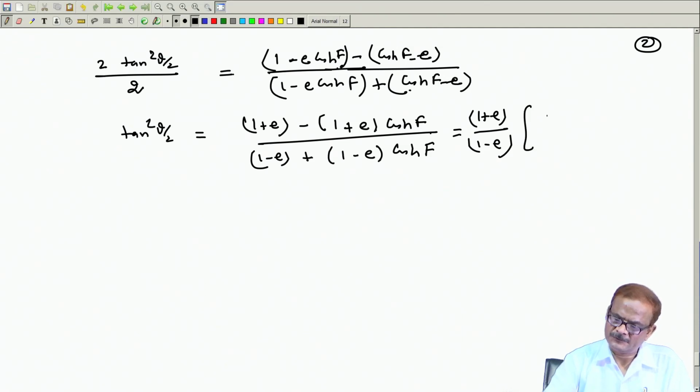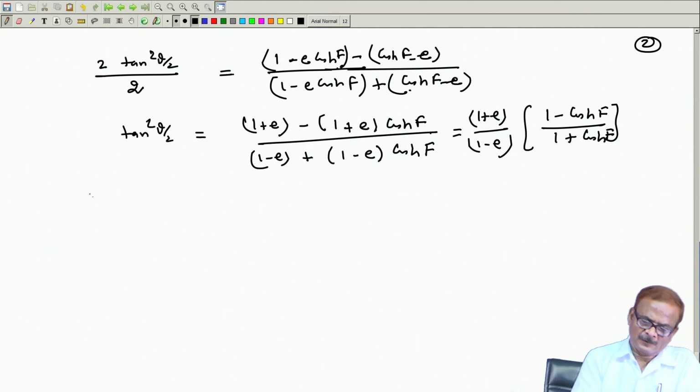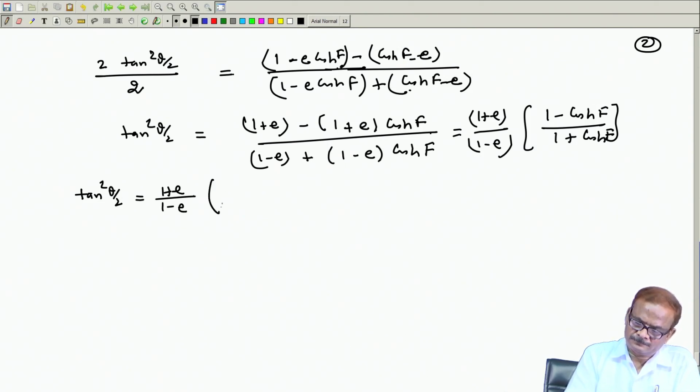So, this gets reduced to 1 minus cos hyperbolic f divided by 1 plus cos hyperbolic f. So, tan square theta by 2 gets reduced to 1 plus e. So, we need to rearrange this part.